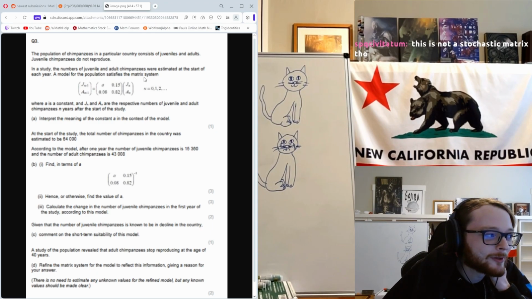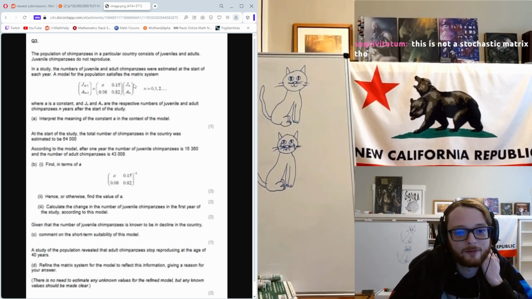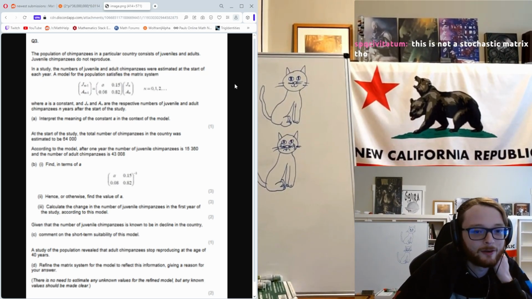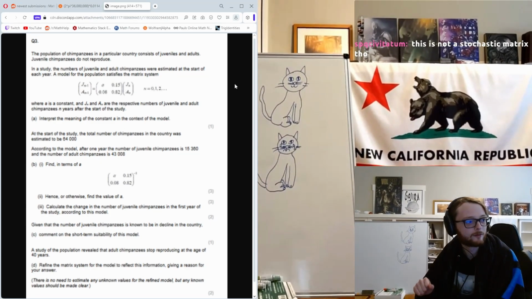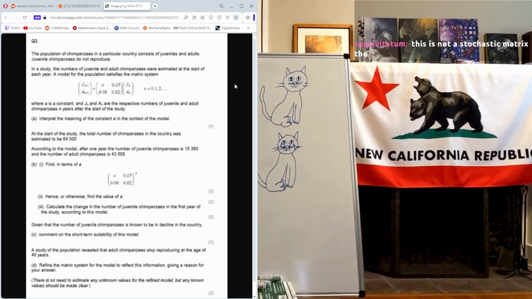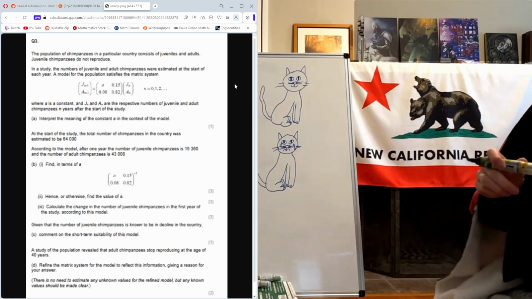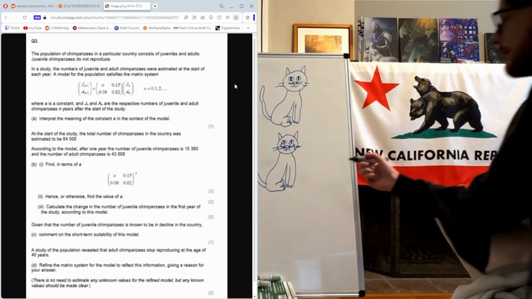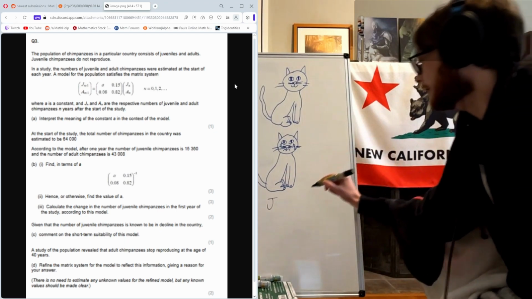So we could equivalently translate this as if we were to multiply this vector into the matrix, we could make it into a system of equations. I'm just going to write it on the side of the board here. Is that good spacing? Okay, good.